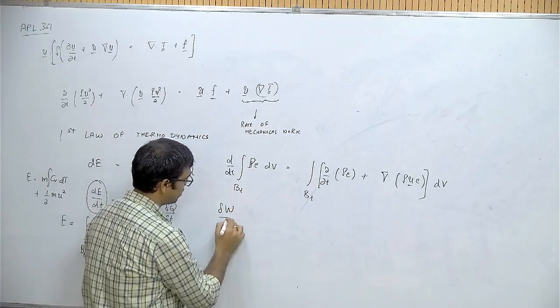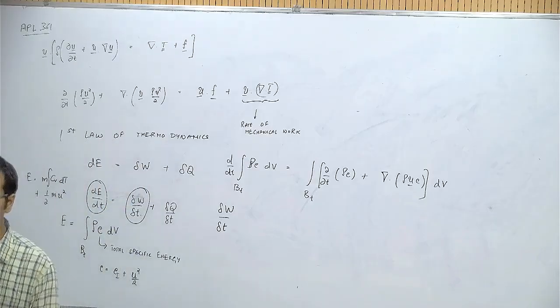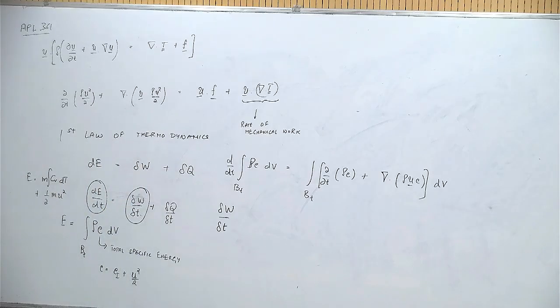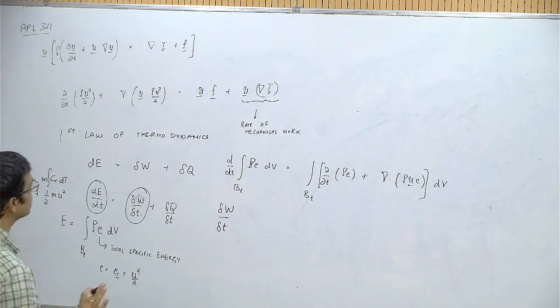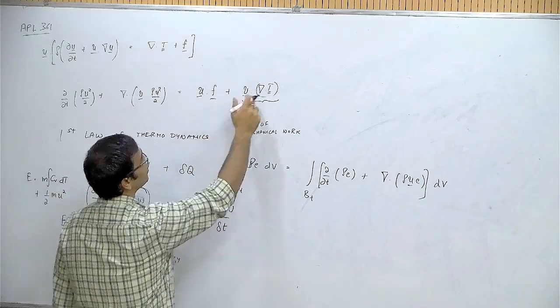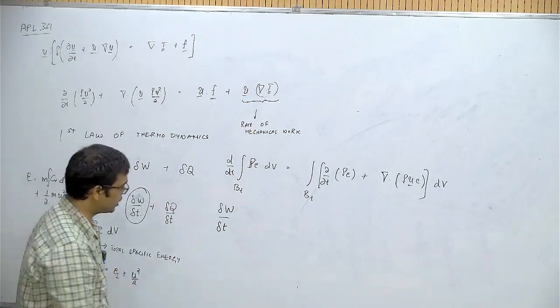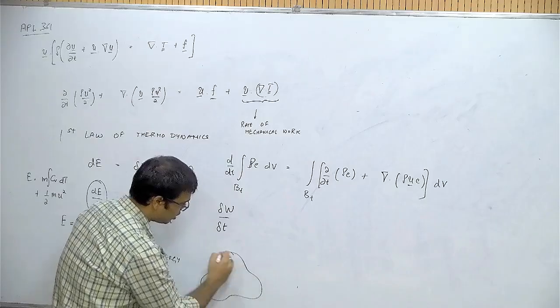So the first term on the RHS is this one. This is the net rate of work done by all the forces on the system. What are the forces? You have F and del dot T. Technically what you have to do is consider your fluid blob.